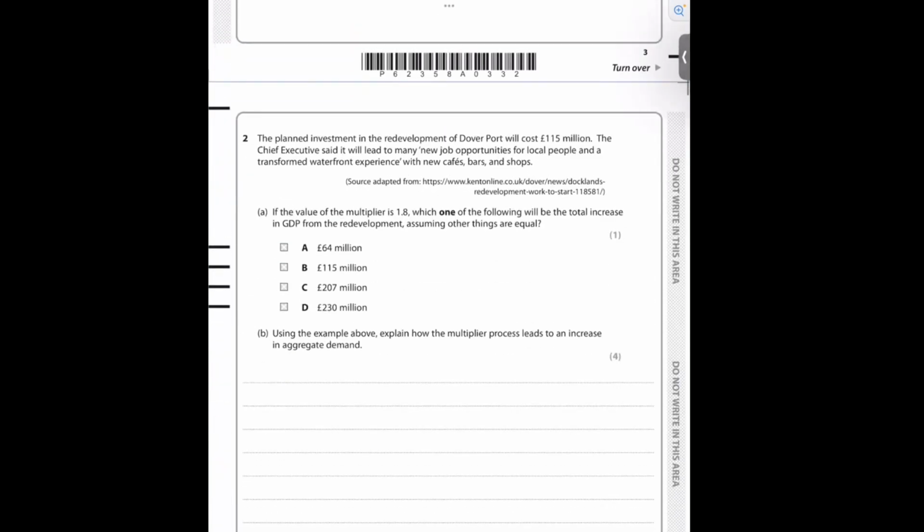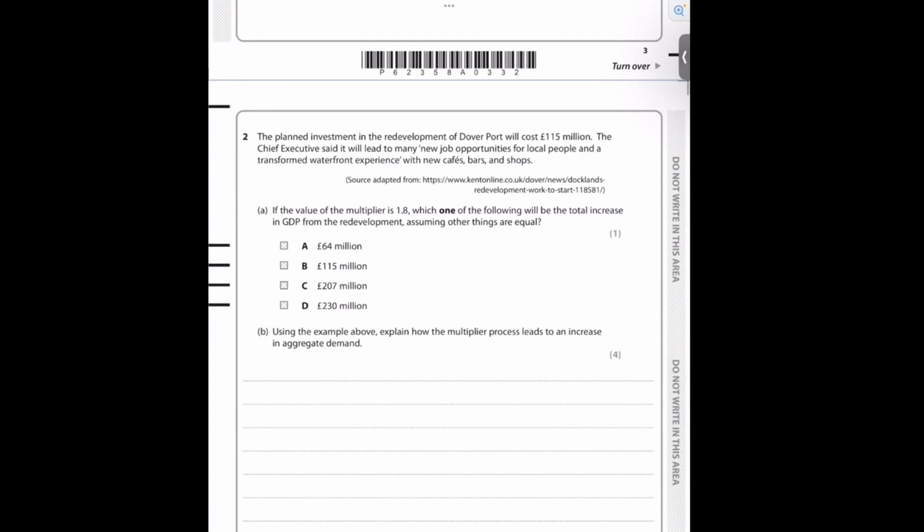The planned investment in the redevelopment of Dover Port will cost £115 million. The chief executive said it will lead to many new job opportunities for local people and a transformed waterfront experience with new cafes, bars, and shops. If the value of the multiplier was 1.8, which one of the following will be the total increase in GDP from the redevelopment, assuming other things are equal? Okay, so there are two ways to calculate the multiplier.